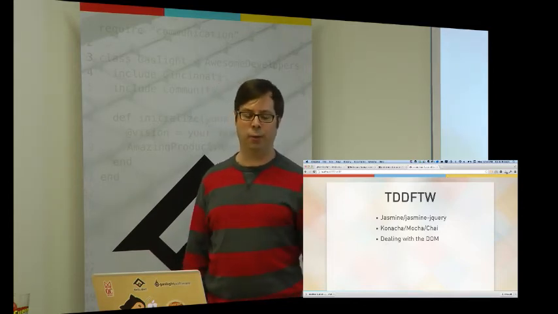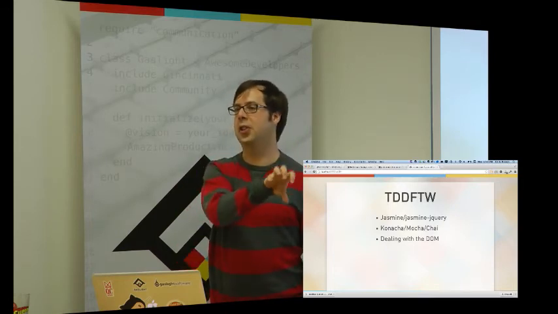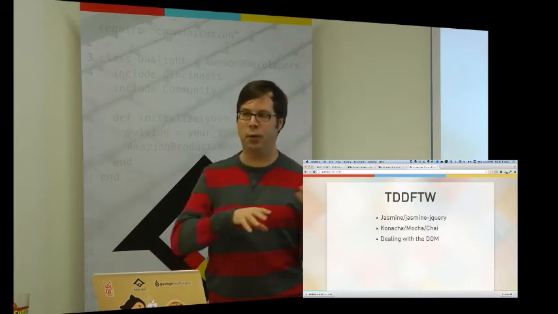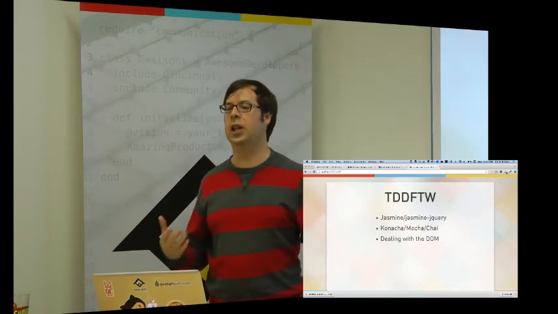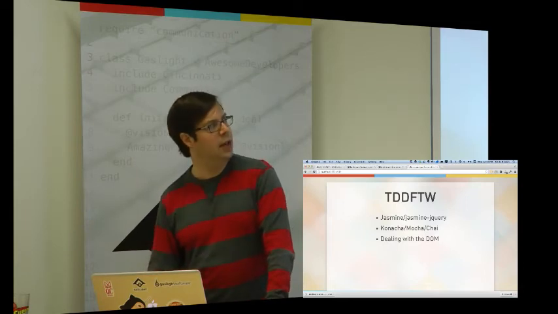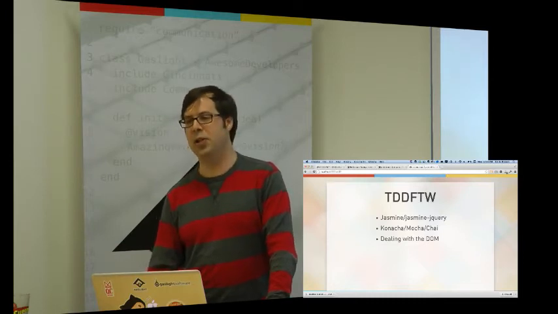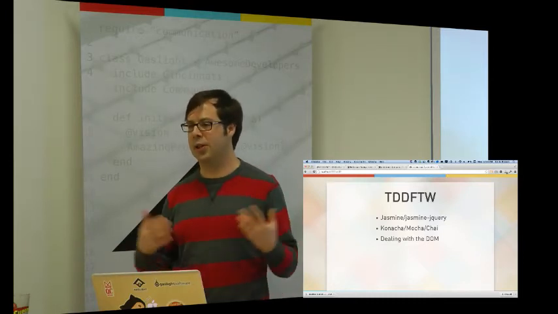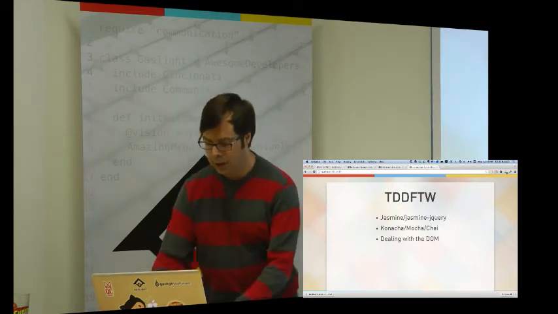So any view elements I create within that sandbox, I'm free to do whatever I want with, because that element is going to be cleaned up for me. And Konacha has a different approach to solve the same problem, and we'll see what that is. It basically runs each test in an iframe, so that's completely isolated, which is kind of nice.